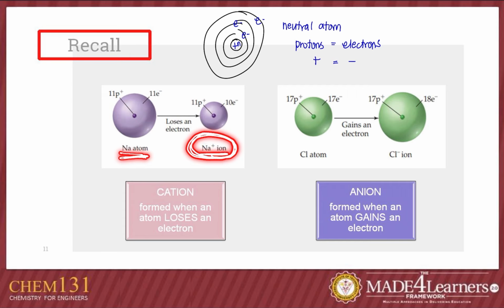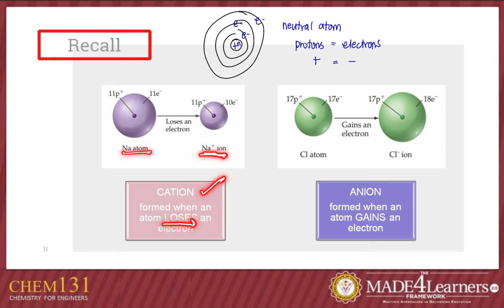The charge is either positive or negative. If it's positively charged, then the particle or ion is called a cation. It is formed when an atom loses an electron.